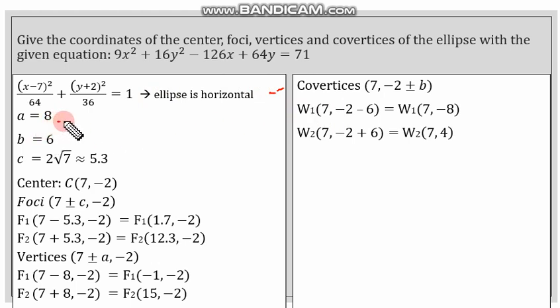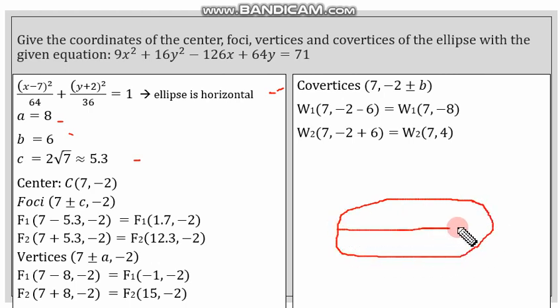We have the a, we have the b, and we have solved for c. So the ellipse is horizontal. So we draw a horizontal ellipse where the center is at 7 and negative 2.